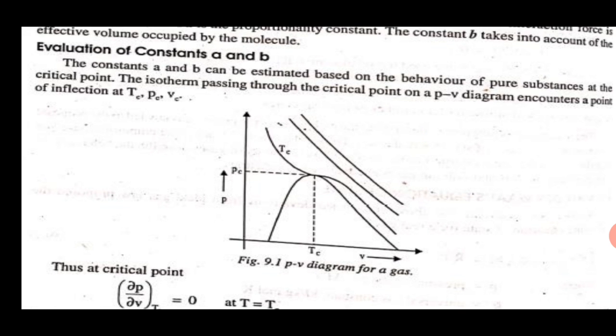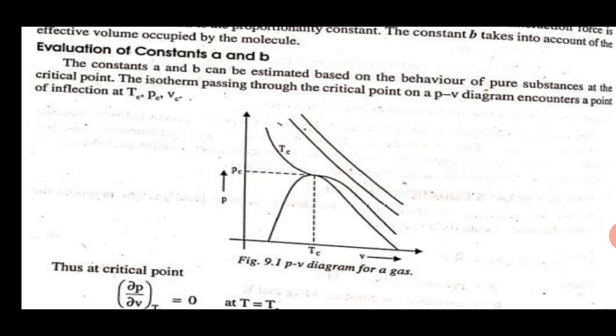One important thing you should find here is the critical temperature line which is passing through that point. There is a point of inflection. Point of inflection means the derivative is 0. You can see the line just above the critical point; at the critical point it is flat and then it comes down.